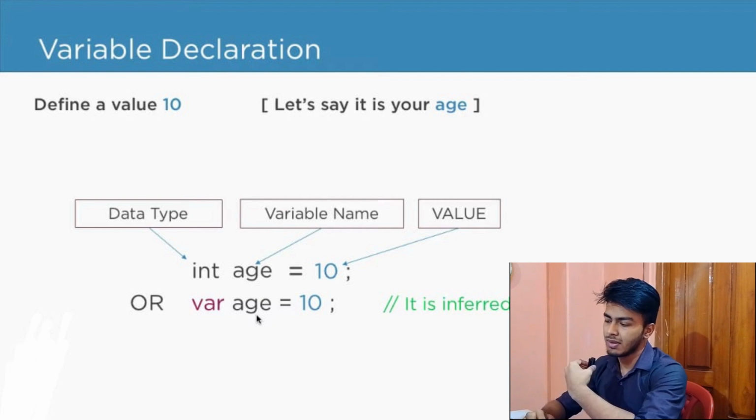Let us take an example. Suppose we have to define a value of 10. Let's say it's your age. In Dart, the syntax is very similar to that of Java, and we use the keyword int for integer.